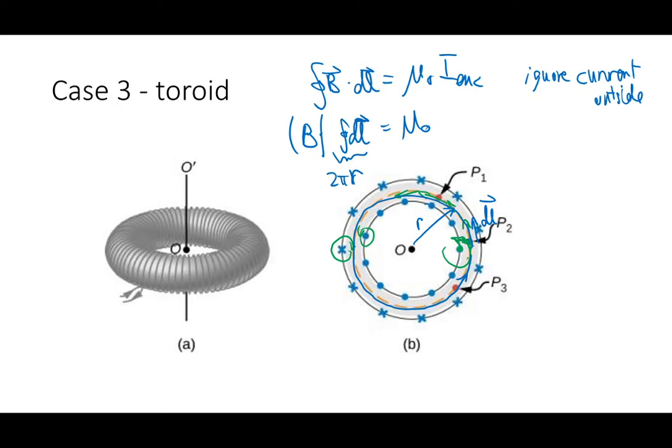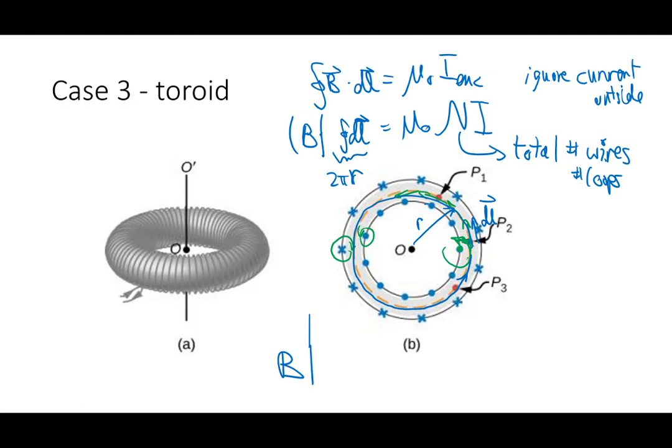What's inside, though, is every single one of these wires. So it's the current of each wire multiplied by the total number of wires, N. This is no longer a loop density thing like we had with our solenoid. This is the total number. Every single one of these wires is inside my Amperian loop.